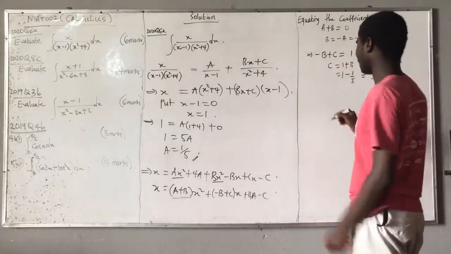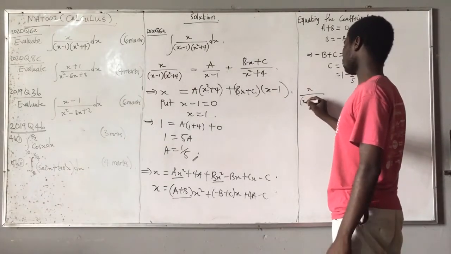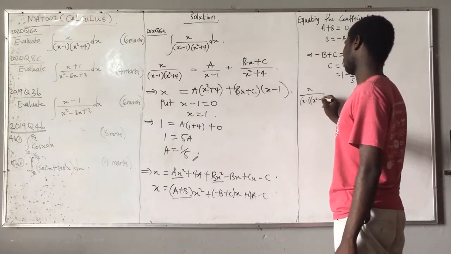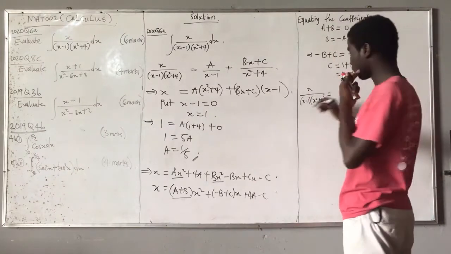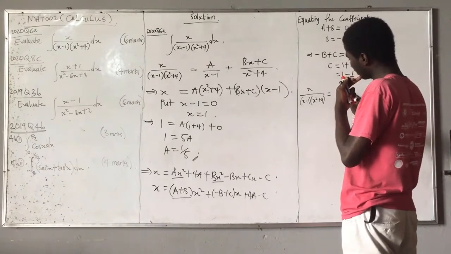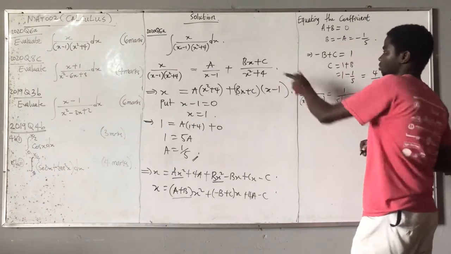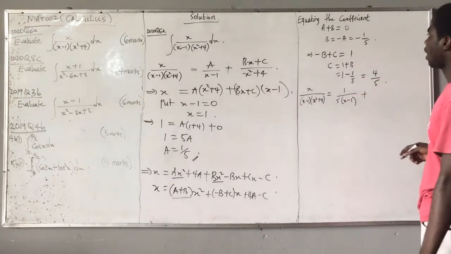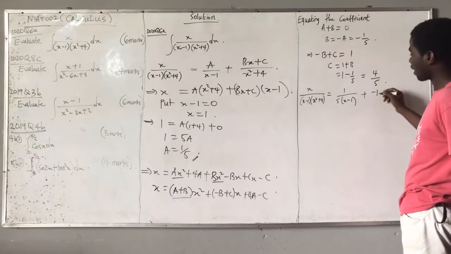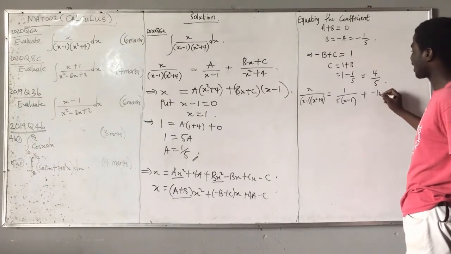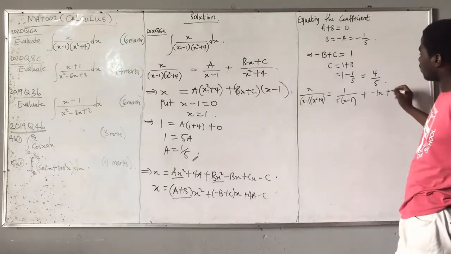So that means that 1 over s minus 1 and s squared plus 4 is equal to a over s minus 1 plus bs plus c over s squared plus 4. A is what? 1 over 5. B is minus 1 over 5, and c is 4 over 5.